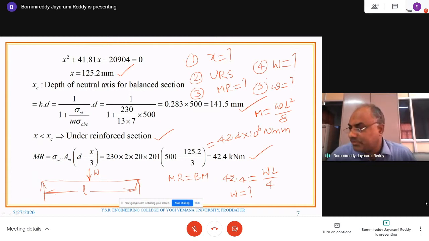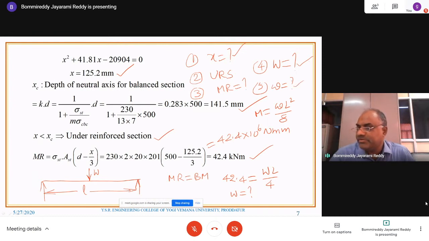If the examiner wants to give a simple question, he will ask only the x value. What is the x value? What is the depth of the neutral axis? And if he wants to test some other thing, he will ask what is the type of section. Or a bit tougher, the moment of resistance. A little bit extension means what is the safe concentrated load acting on the beam.